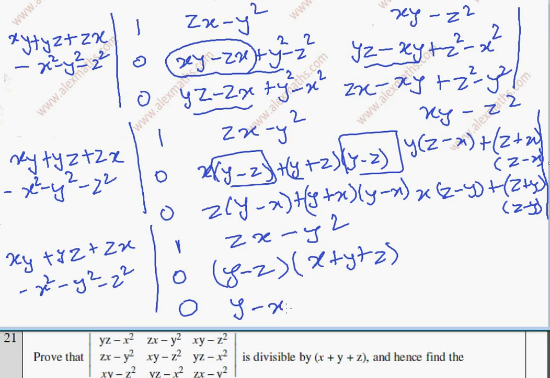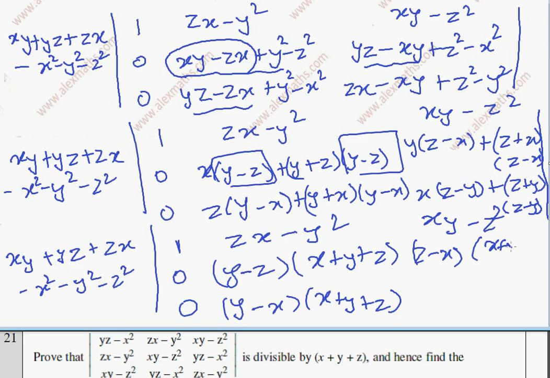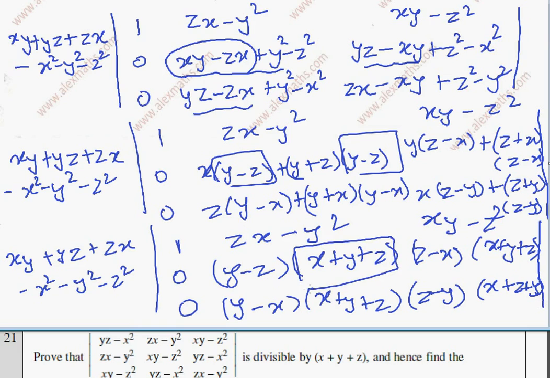Here y minus x common, so remaining will be x plus y plus z. Here xy minus z square, then z minus x common, so x plus y plus z. Then here z minus y common, we have x plus z plus y. So we can see x plus y plus z is common in the second row and third row. So we will take it as common outside.